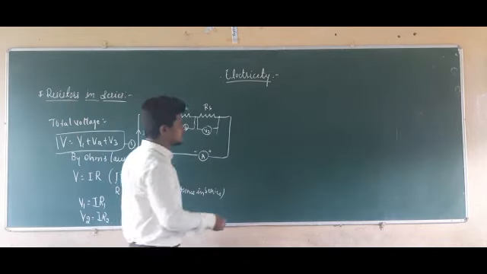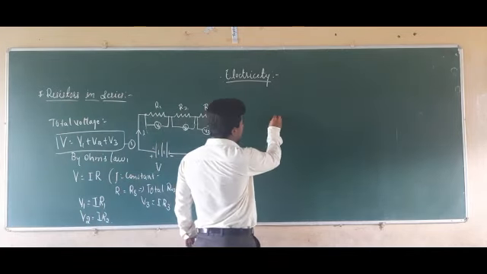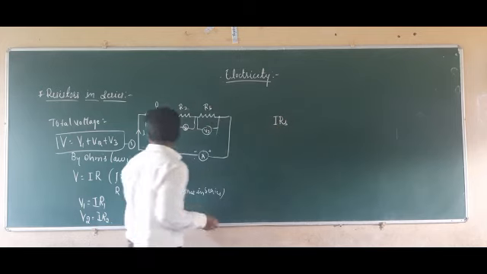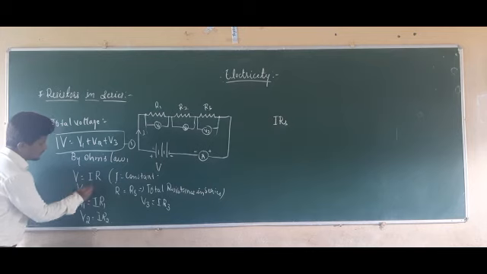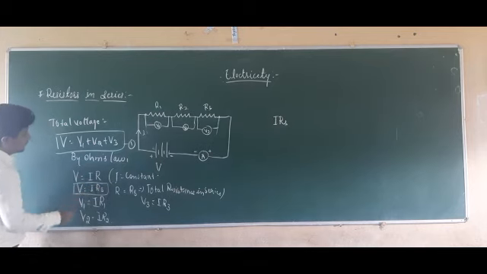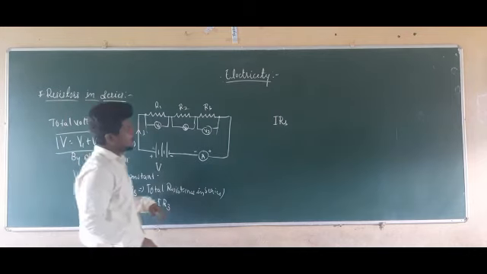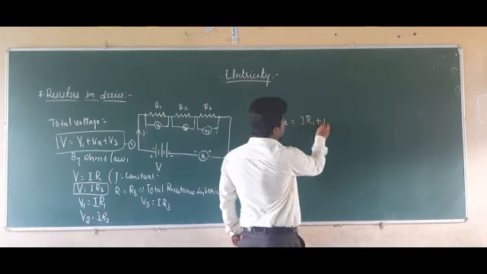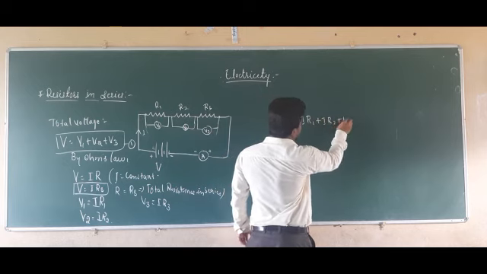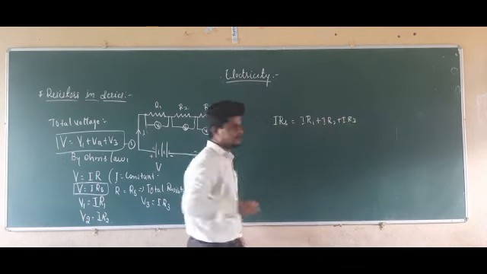So what equation is going to come here? The total voltage will be I into RS. I into RS equal to I into R1 plus I into R2 plus I into R3.